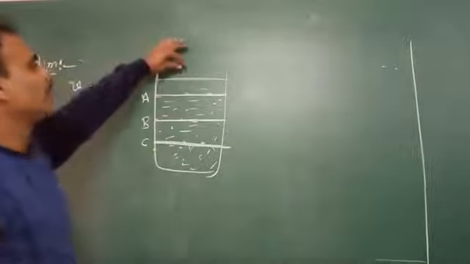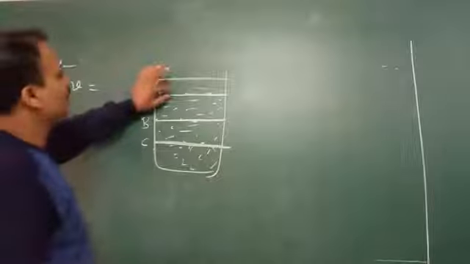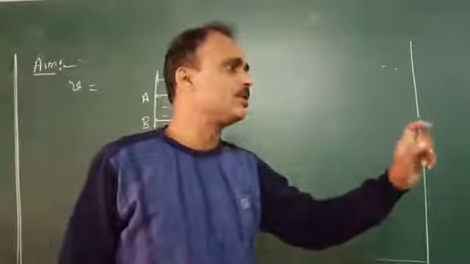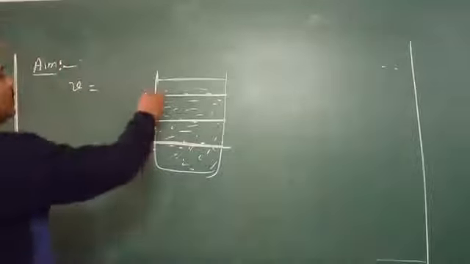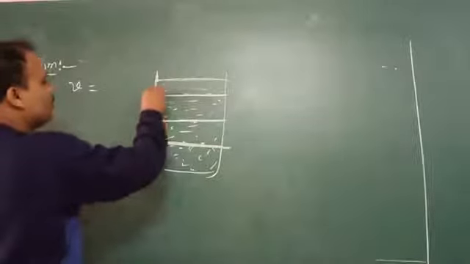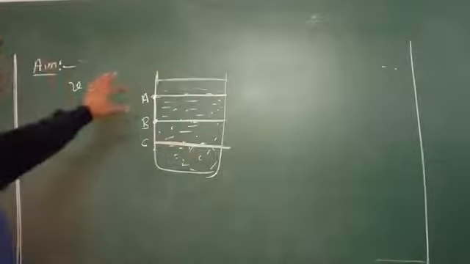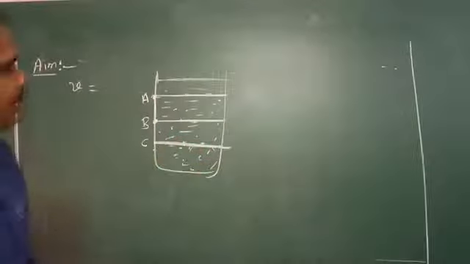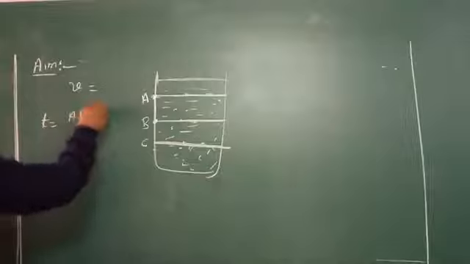When we put a ball on the surface of the liquid, we start the stopwatch from this point and count from A to B. The ball goes downward with constant velocity, so we note the time taken from A to B and from B to C. Then T is equal to (AB plus BC) upon 2.